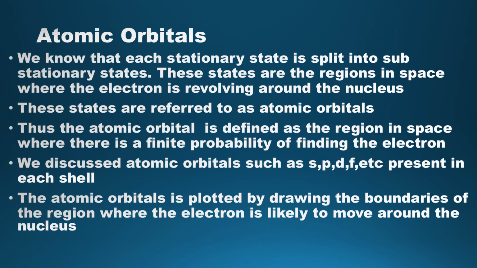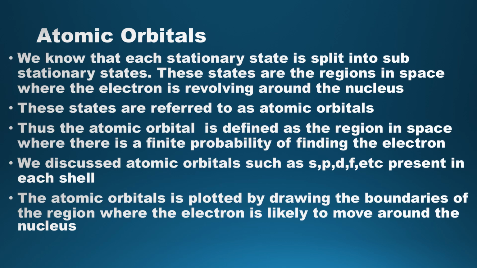Thus, the atomic orbital is defined as the region in space where there is a finite probability of finding the electron. In the previous section, we discussed atomic orbitals such as s, p, d, f, etc. present in each shell, K, L, M, N, and so on.